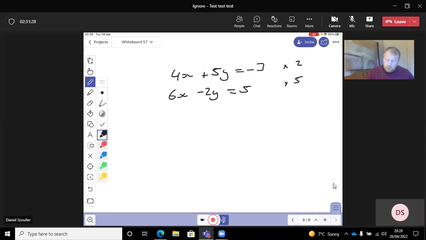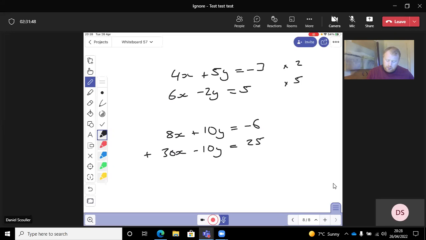We're wanting to eliminate one of the letters. So that's going to give us 8x plus 10y equals -6, and 30x minus 10y equals 25.